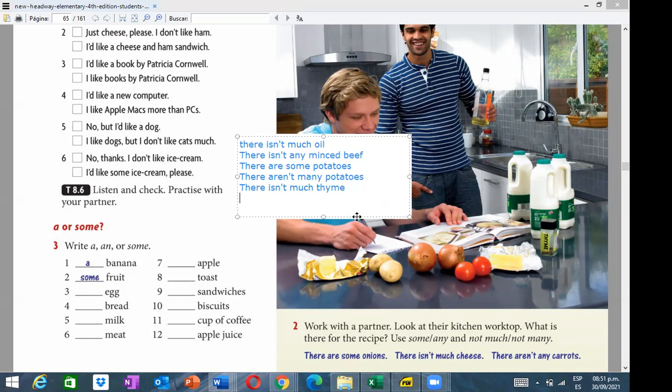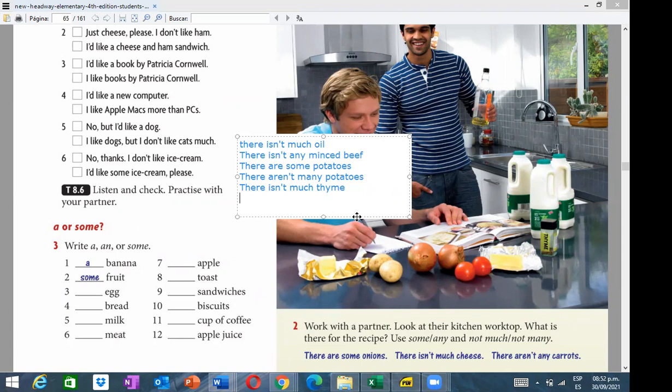Continue, continue. What other ingredients do we need for this recipe? Or maybe you can see. Come on, students, more examples.